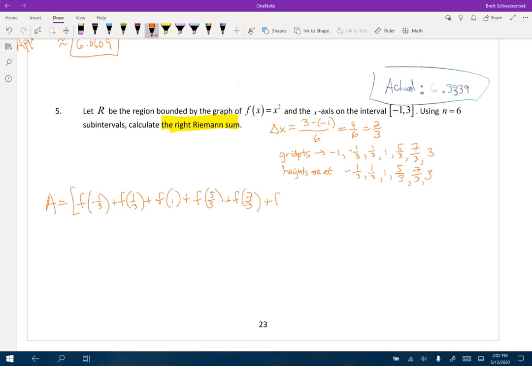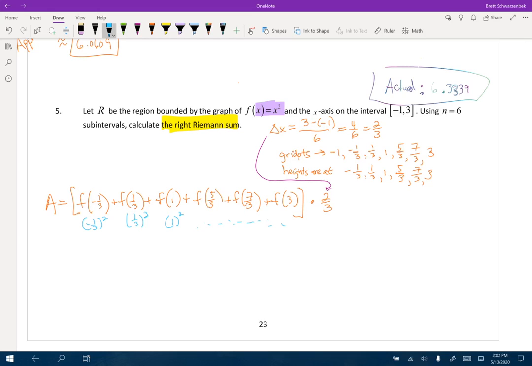And we're going to be multiplying all of that times 2/3, and we'll keep it that way because, again, that's a repeating decimal, so let's keep as much accuracy as we can. Now, the function itself is x squared, so we can actually keep these as fractions all the way. So just as a reminder, this is (-1/3) squared, this is (1/3) squared, this is 1 squared, and so on all the way through the calculations.